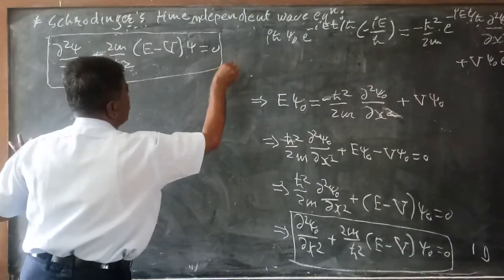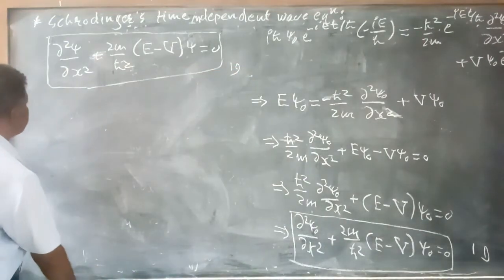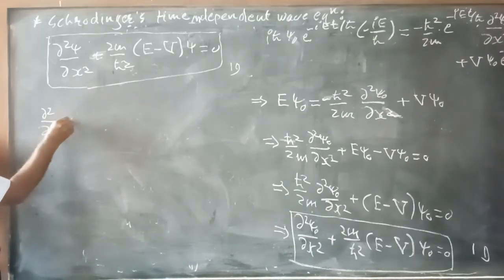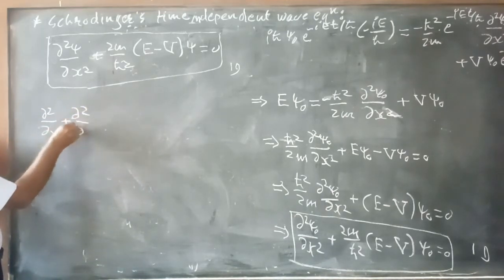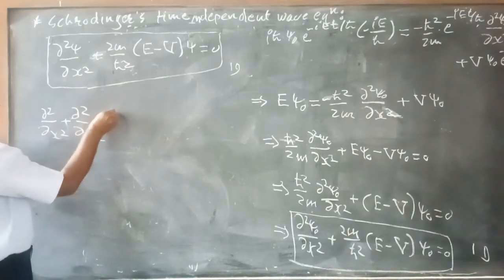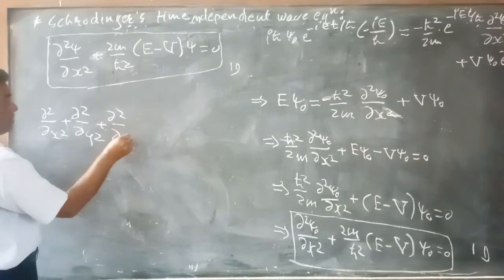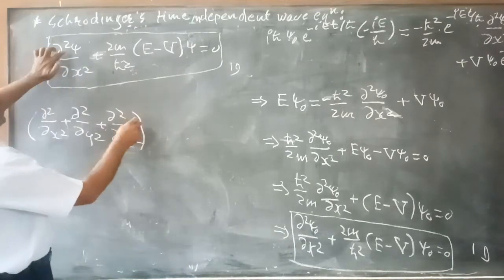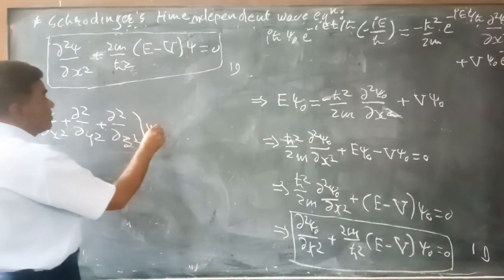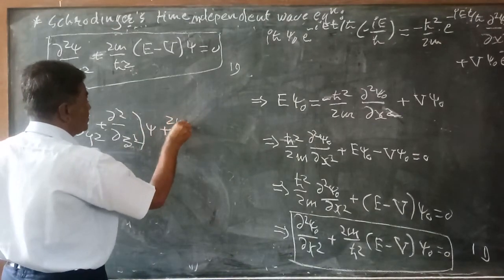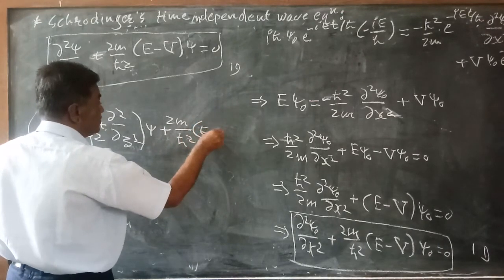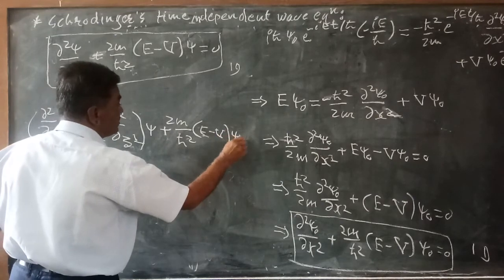This is the one dimensional case, and in the three dimensional case, this equation can be written as d square divided by dx square plus d square divided by dy square plus d square divided by dz square, psi as it is, plus twice m divided by h cross square into bracket E minus potential energy, that is V, psi is equal to 0.